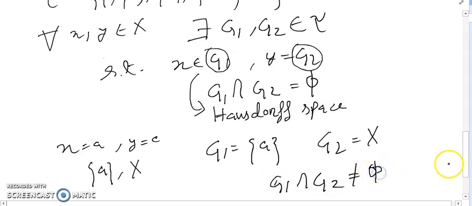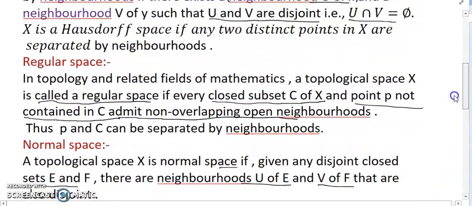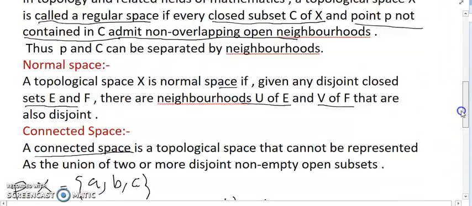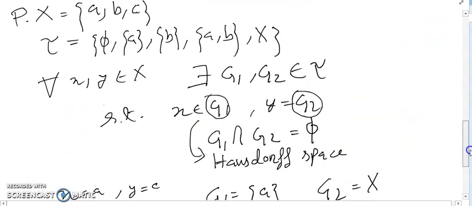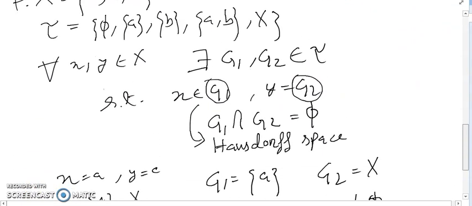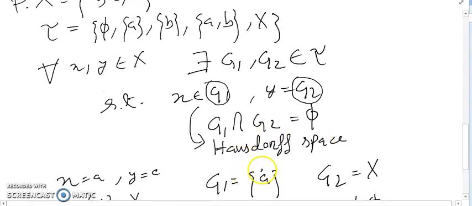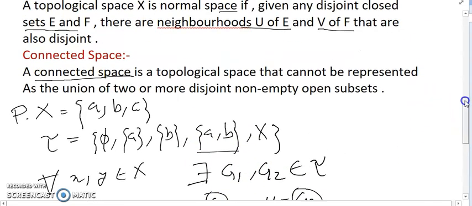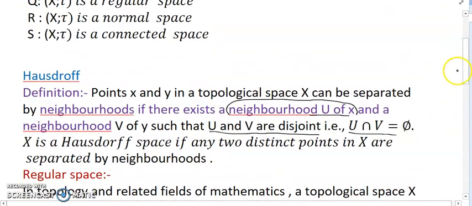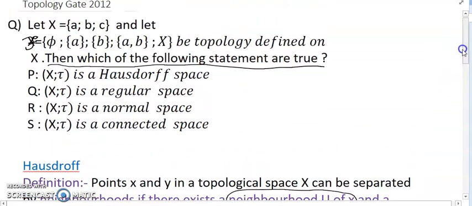Similarly, you can check for b also, since b is included in the question. If you choose G2 as {a, b}, then easily you can get that G1 intersection G2 equals {a}, which does not equal φ. So we cannot show this kind of Hausdorff space. So P is cut, we cut P.